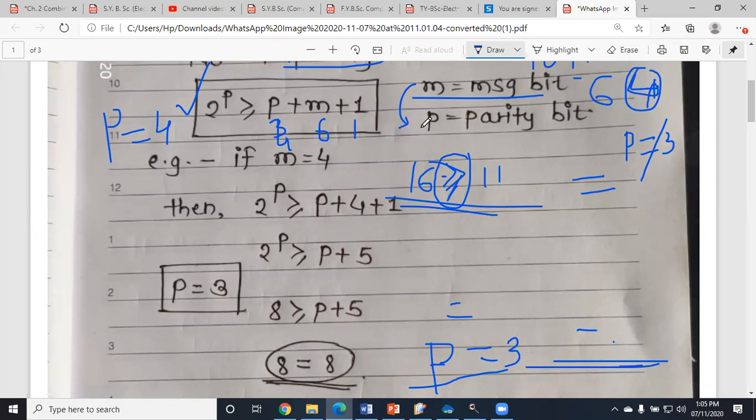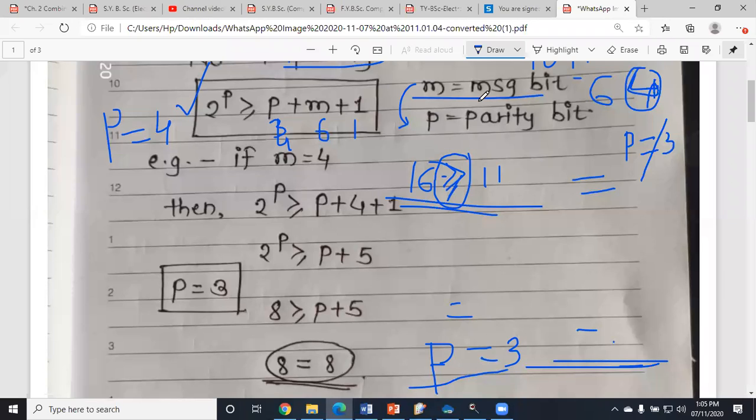To know the number of parity bits, we use this formula: 2 raised to p should be greater than or equal to p plus m plus 1, where p is your parity bit and m is your message bit. Simple. Yes or no? Why do we use that formula? The answer is, to know the number of parity bits.